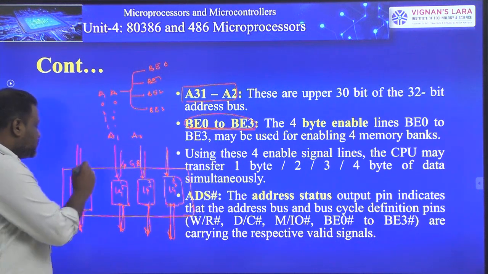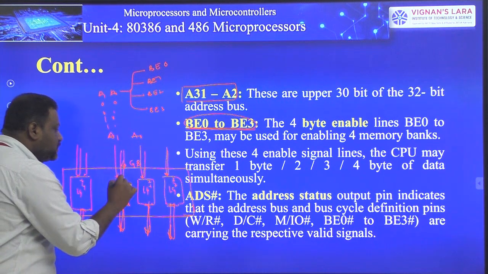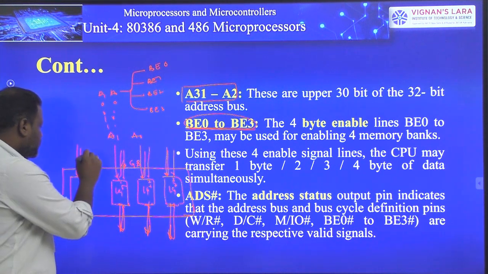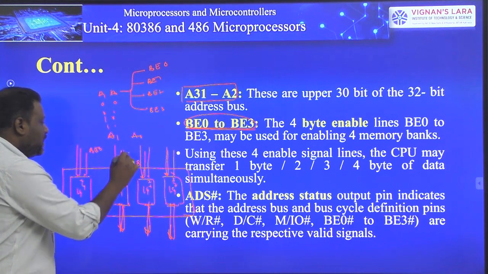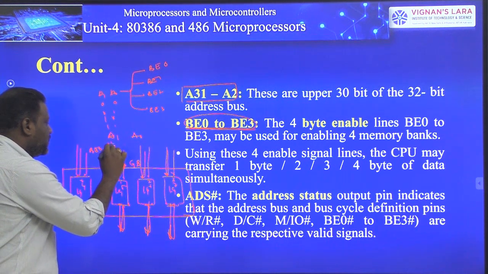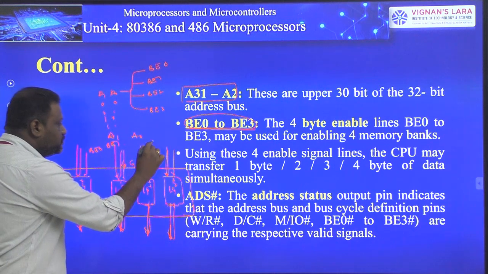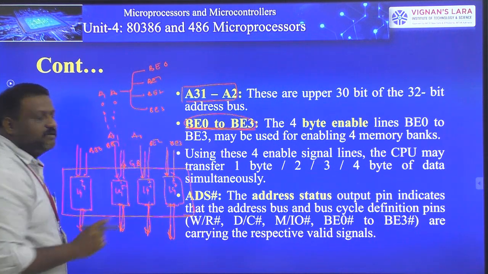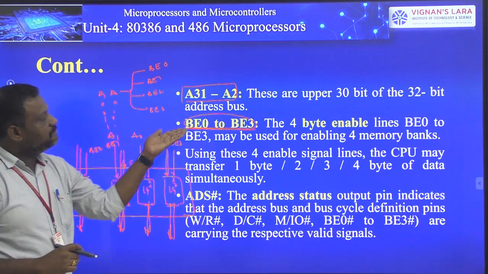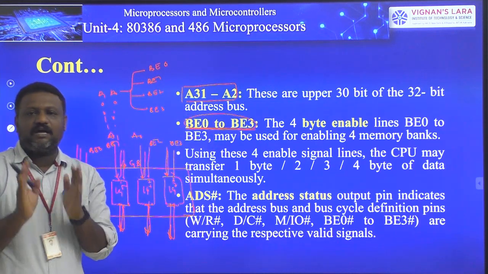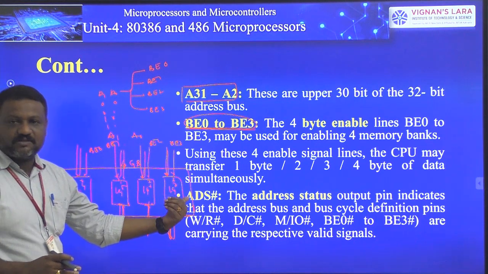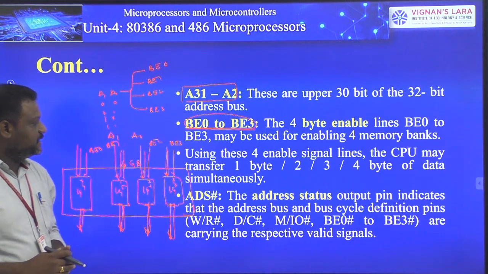These are the byte enable signals we are applying to these 4 memory banks for enabling of these banks. So here I used BE0, here BE1, here BE2, and similarly here BE3. These BE0 to BE3 are helpful for me to read information from these 4 memory banks. So that's the concept here.